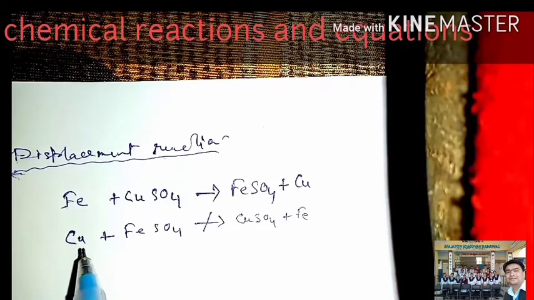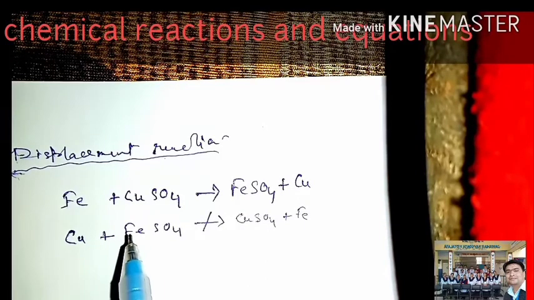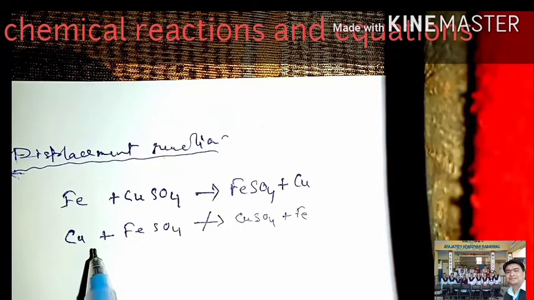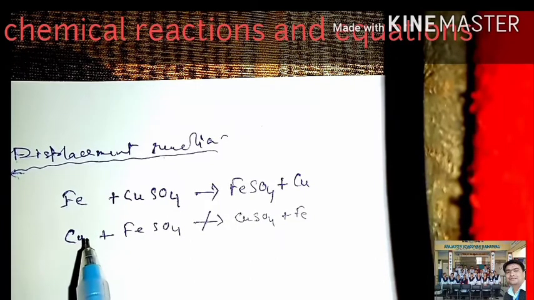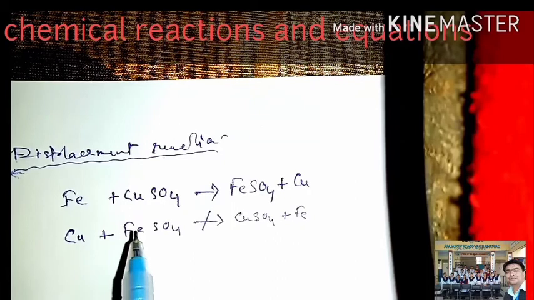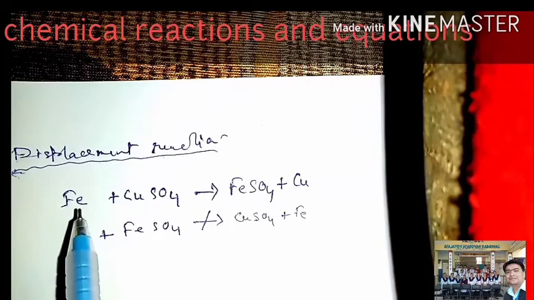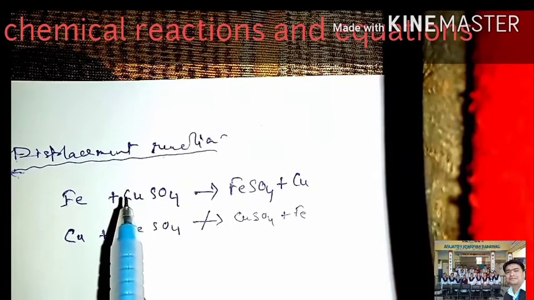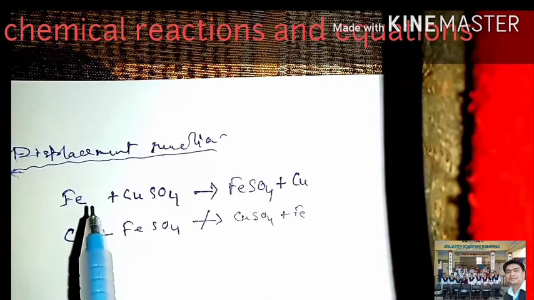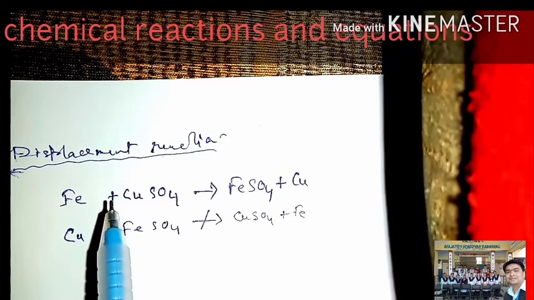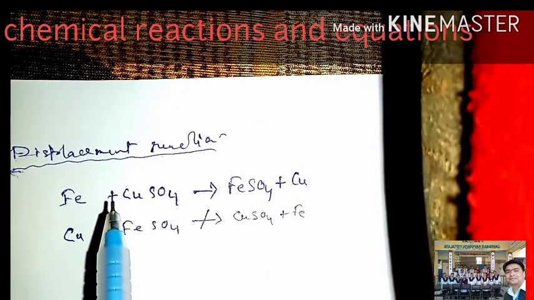That means copper should be more powerful than iron, but it is not actually. Copper is less reactive than iron, and iron is more reactive than copper. That's why copper cannot displace iron, but iron can displace copper. So in a displacement reaction, generally the more reactive element displaces the less reactive element from its salt. Okay, such kind of reactions are called displacement reactions.